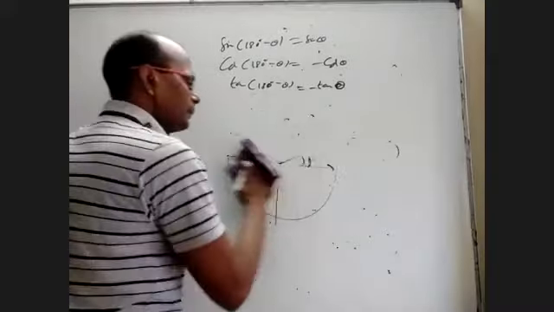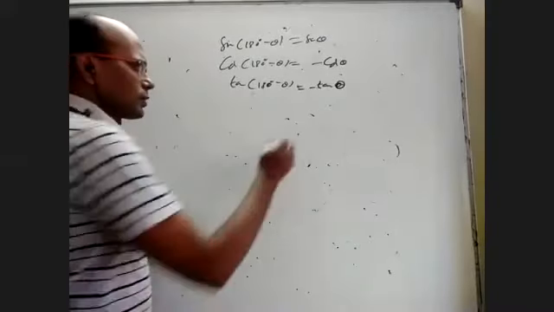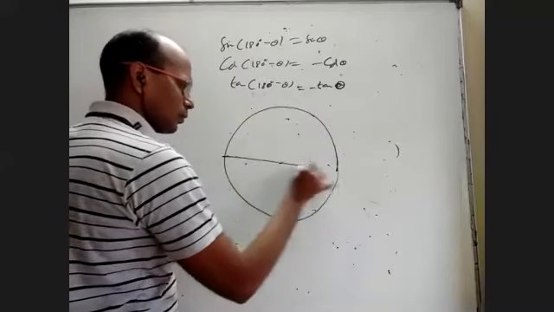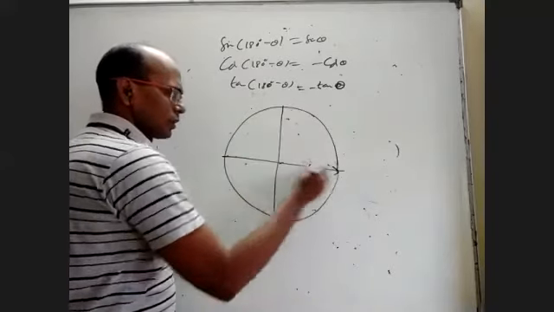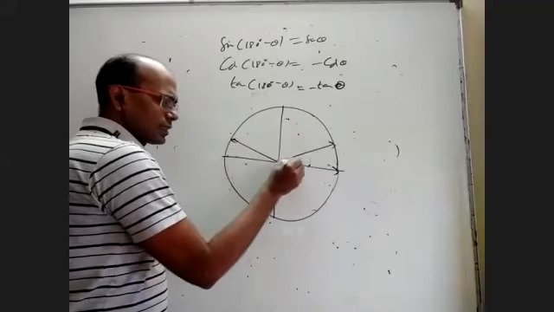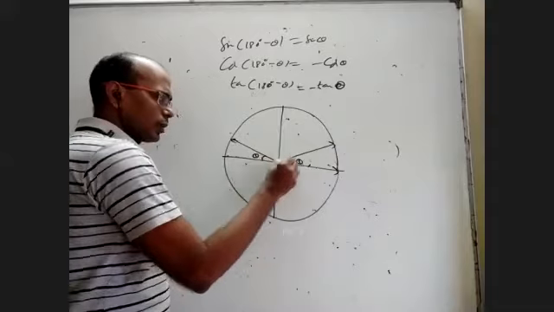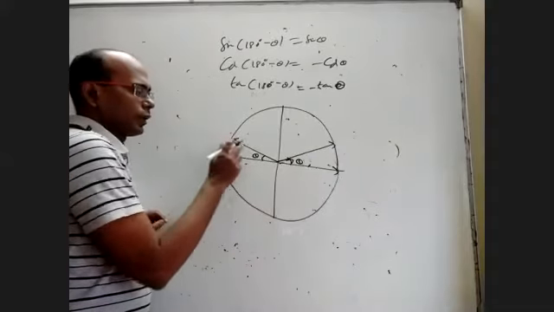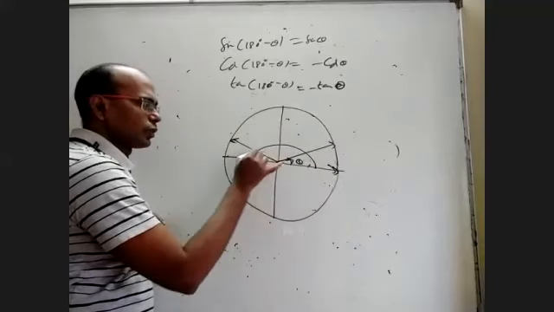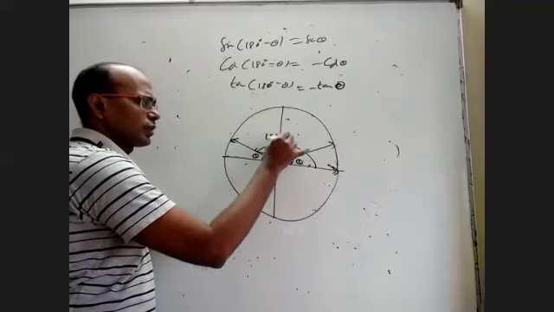The same way, same figure. This is the initial ray. This is theta. This is also theta, but this is not the angle for this point. From here you have to know how much angle. You know that it is 180 minus theta.